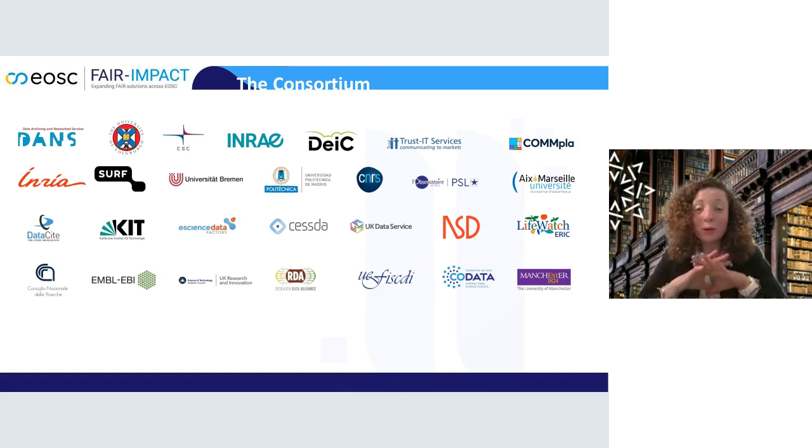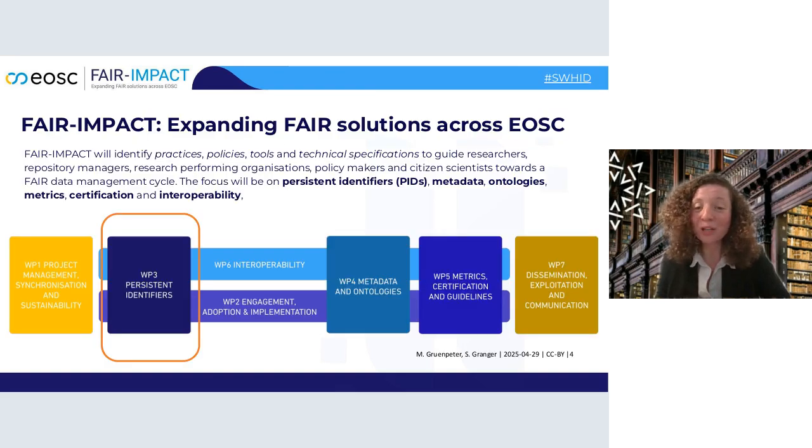The FAIR-IMPACT Consortium is a large consortium with many partners. And in this project, which is ending at the end of May 2025, so just in a month, we have been working to expand FAIR solutions across EOSC.